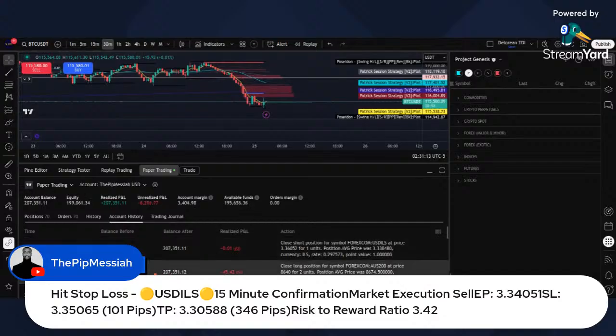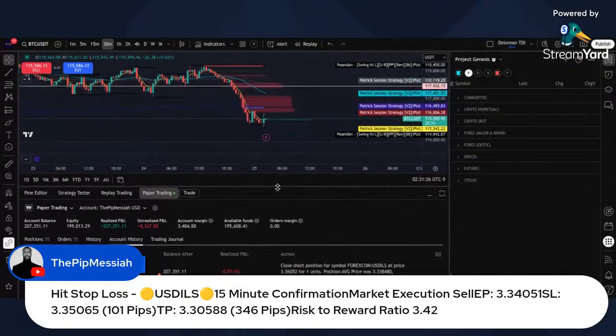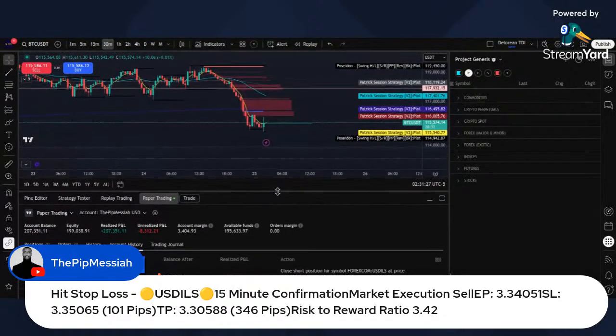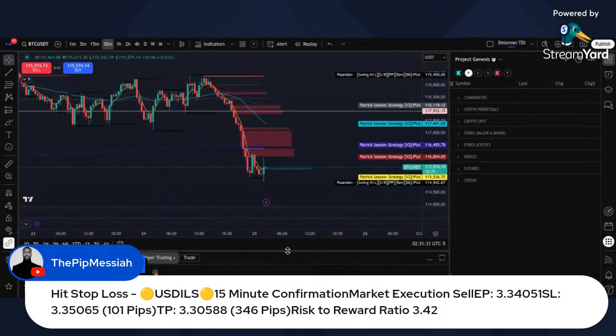So there's the take profits, the stop losses on the Australian 200, the United States dollar versus Israeli shekels. Slightly down for the night.